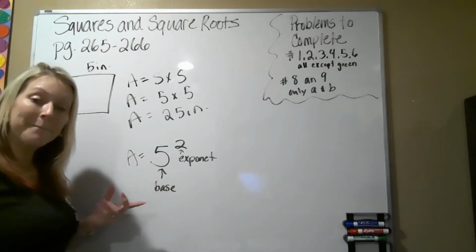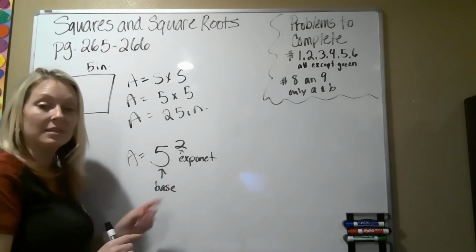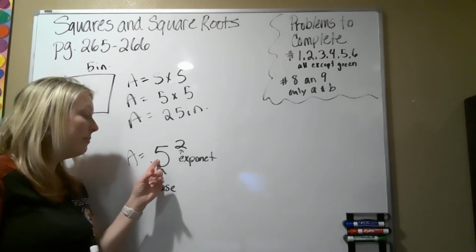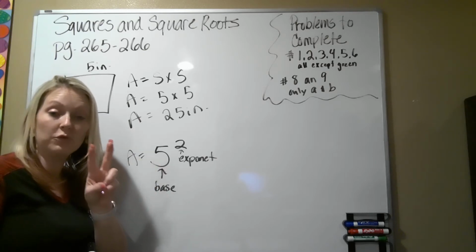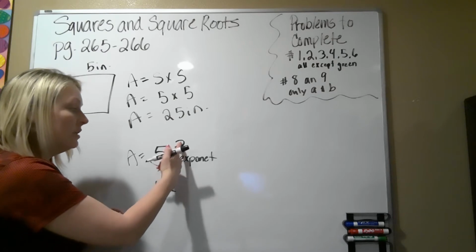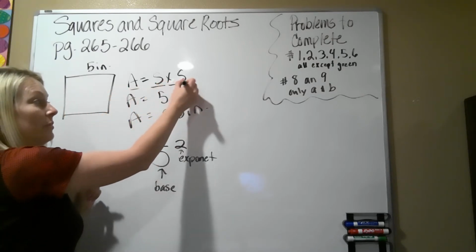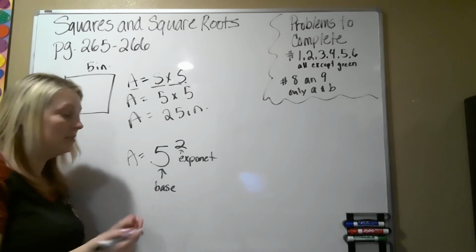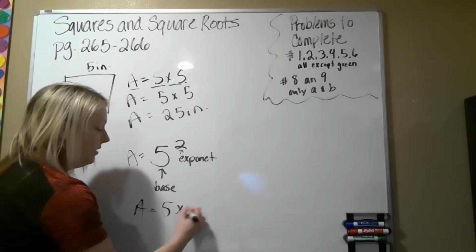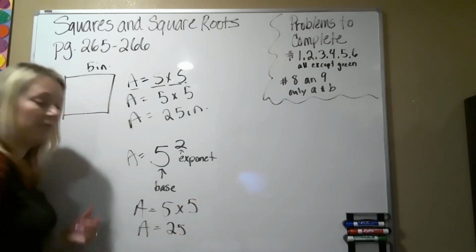You're saying 5 times itself because 2 means you're multiplying the base by itself twice. So this is called 5 squared. This would be A equals 5 times 5, which means A equals 25.